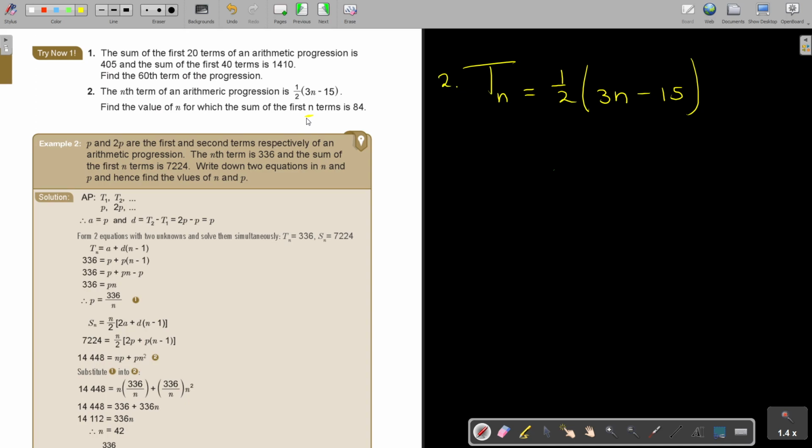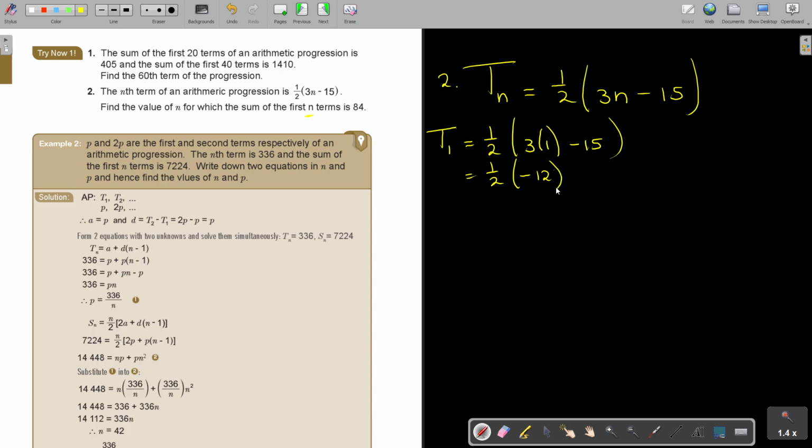Okay, so let's just start. Because I have the formula, this is actually just a little bit of thinking: I can work out the first 3 terms, and then I can find the value of A, and I can find the value of D. So if I put n equals 1, I get a half (3 times 1 minus 15), and that's going to be negative 12.